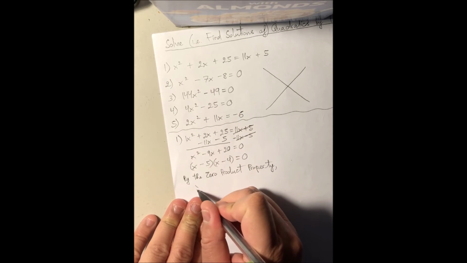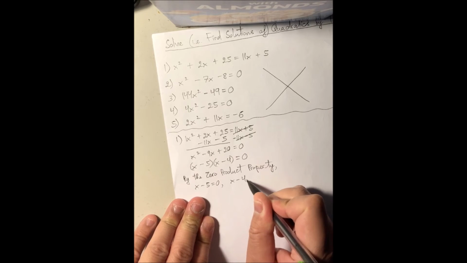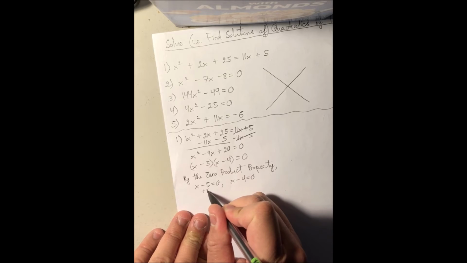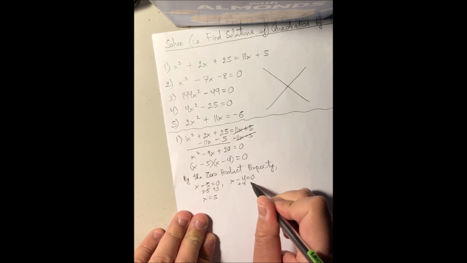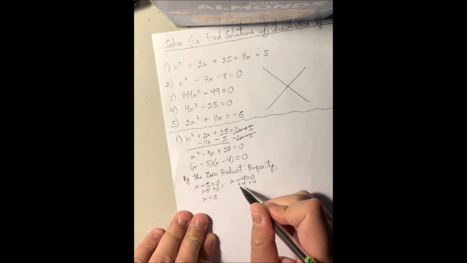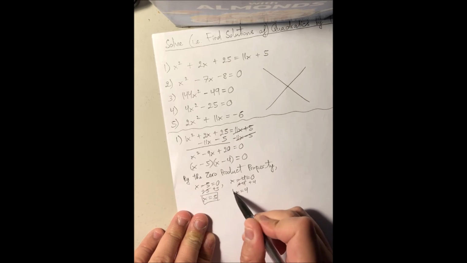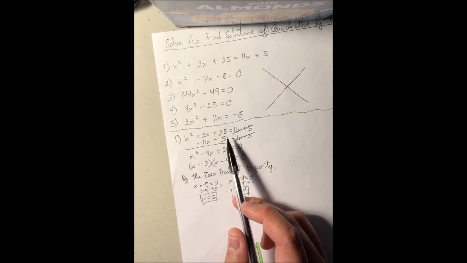Take each of these binomial factors, set it equal to 0, and then in each case, separately, solve for x. Add 5 on the left, so x equals positive 5. Add 4 to both sides on the right, so x equals 4. So x is 5 and x is 4, being two x values that can potentially be the solutions of this equation.